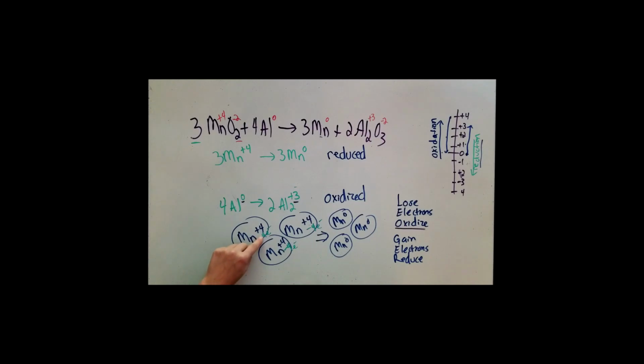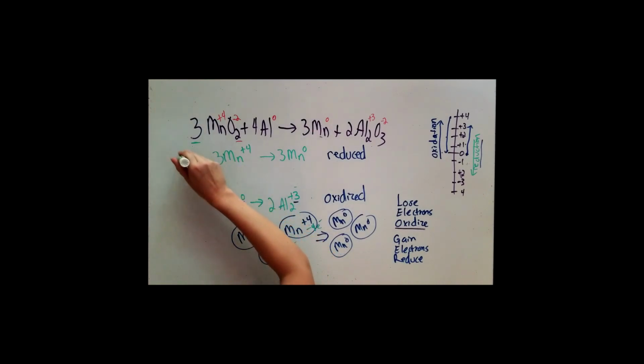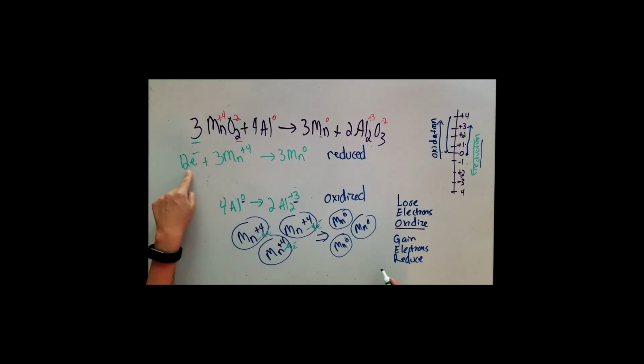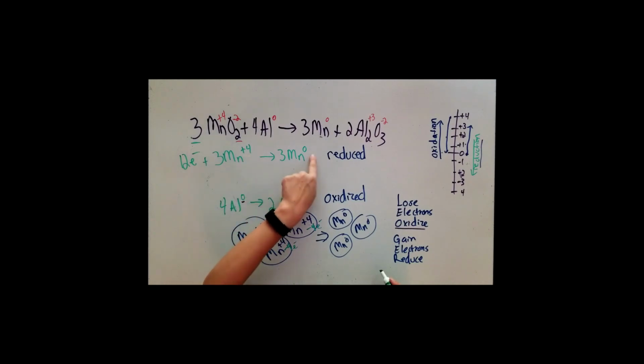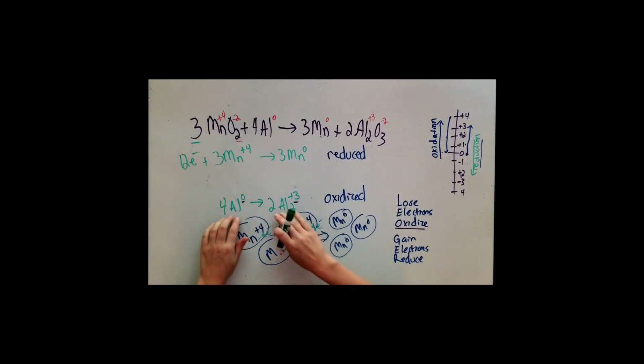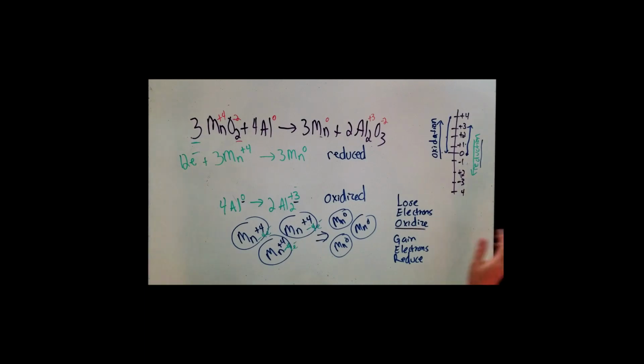So I need 4, 8, 12. So 12 electrons are needed to take those 3 manganese atoms with a +4 and make all of them neutral. Okay, and you can see the same thing here. It's just a little bit different because here we have 4 instead of 3.